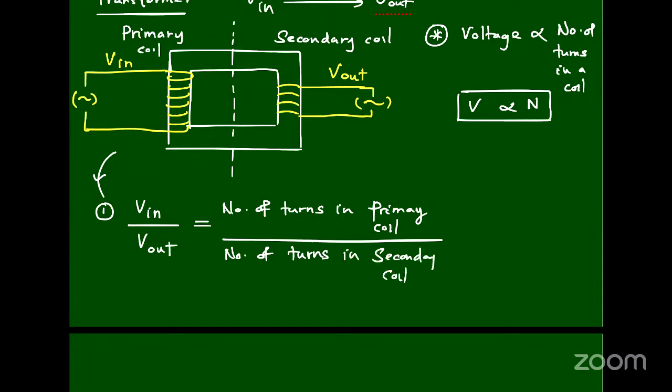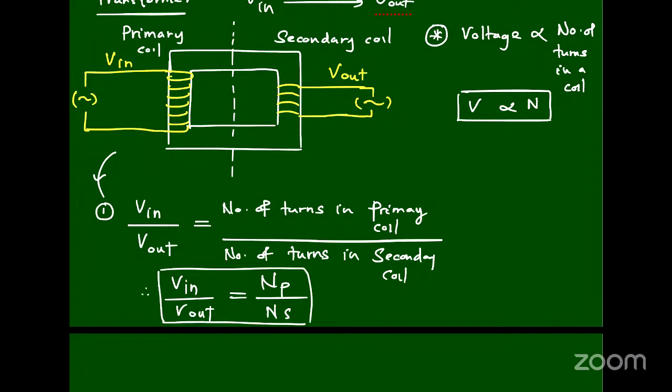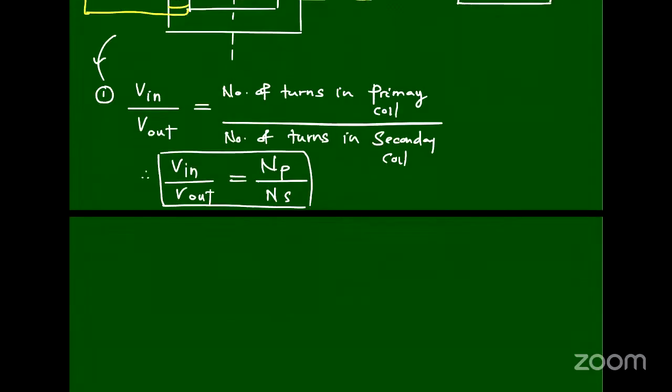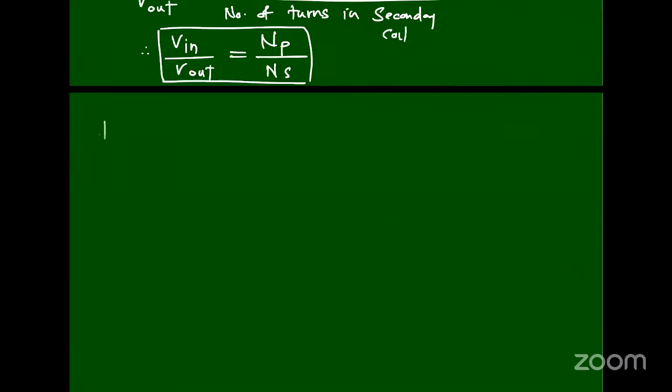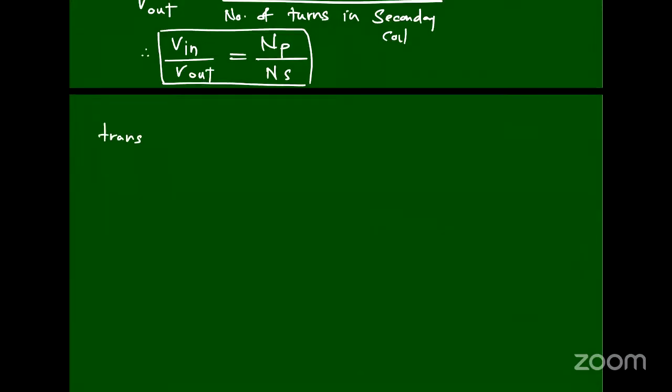Using symbols, V in over V out equals NP over NS. NP is the number of turns in the primary coil, and NS is the number of turns in the secondary coil.